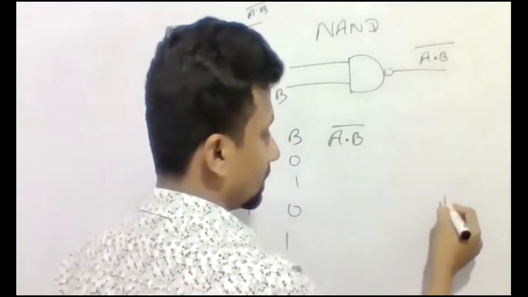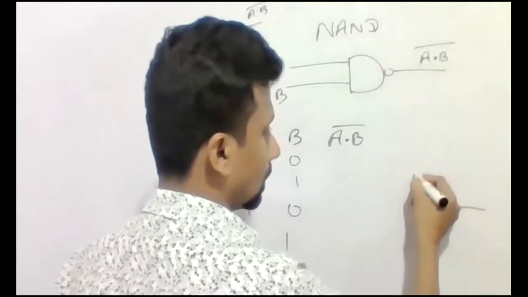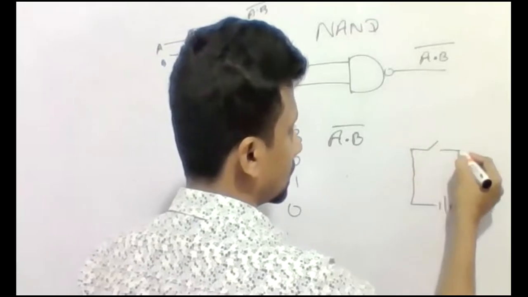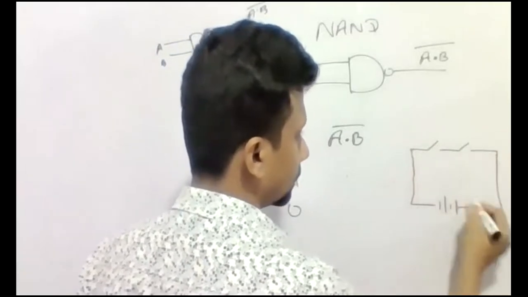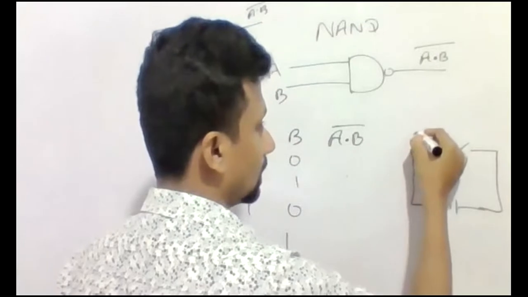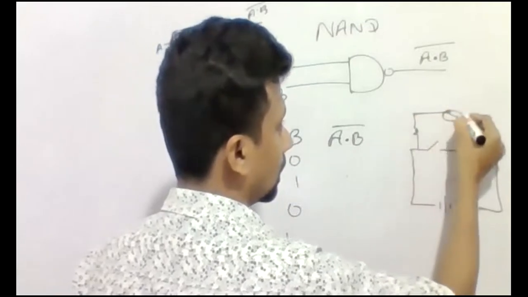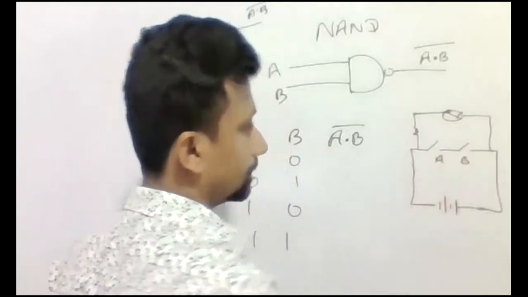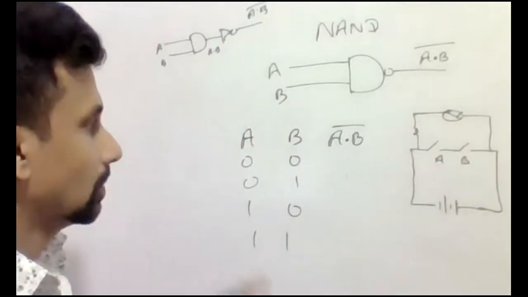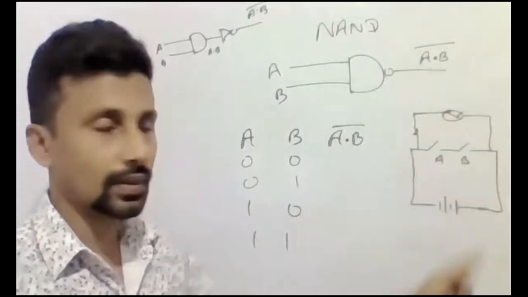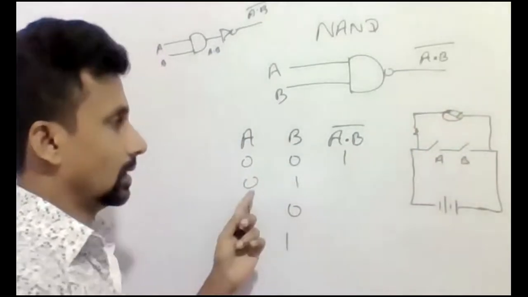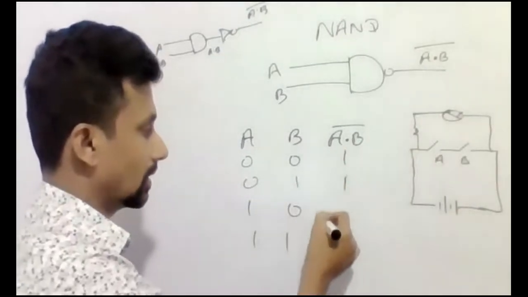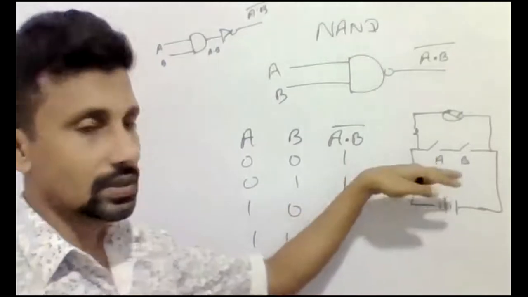If you have batteries like this and two switches, here I'm connecting the bulb with a resistor like this, right? You take switches A B. Both switches off, the bulb will be working, that is one. One switch is on, so power is not going through that one, definitely it is going this side, so one. Both switches on.